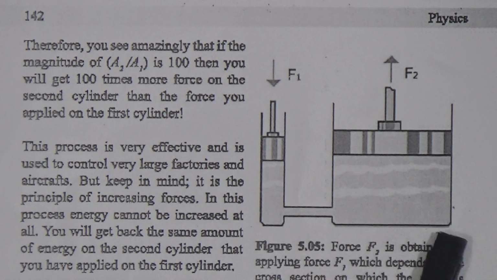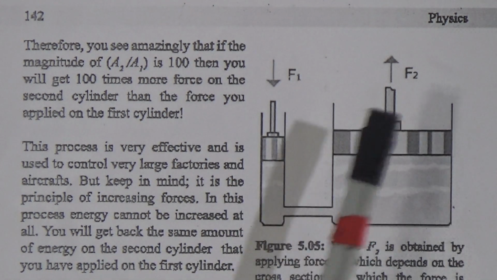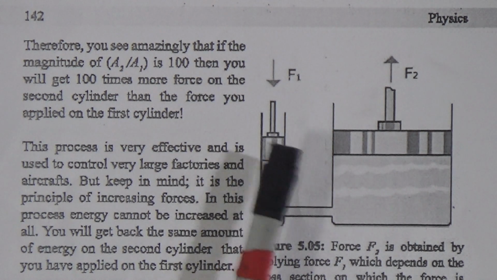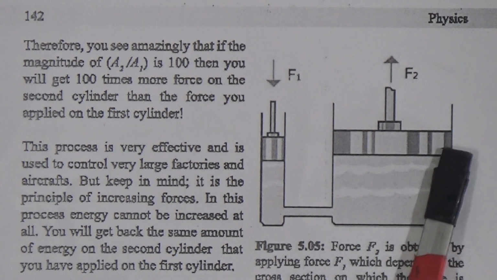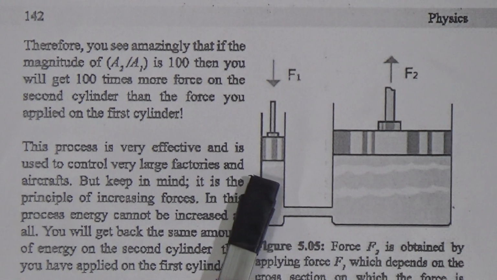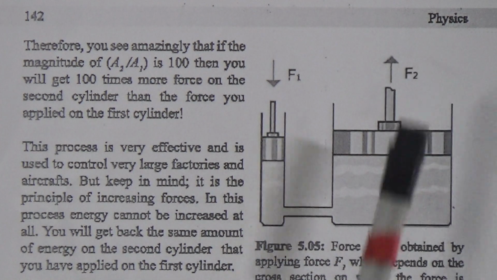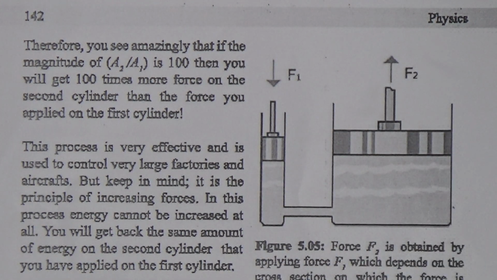Let's suppose the cross sectional area of the first cylinder is A1 and that of the other cylinder is A2. Okay, the cross sectional area of the first cylinder is A1 and the second cylinder is A2.